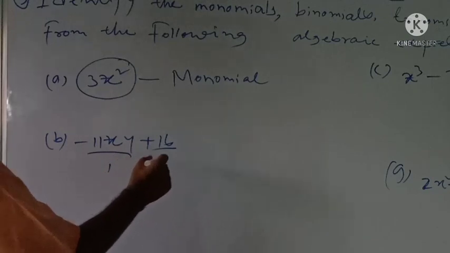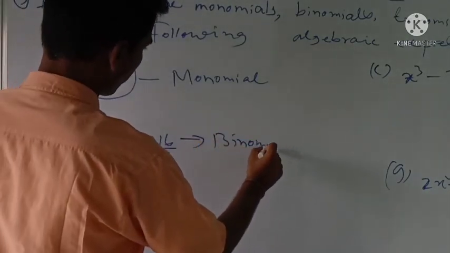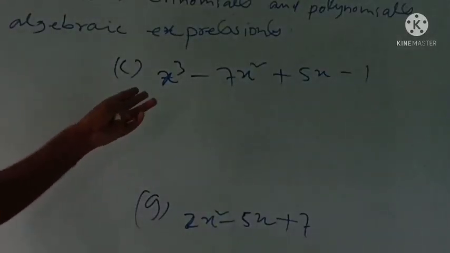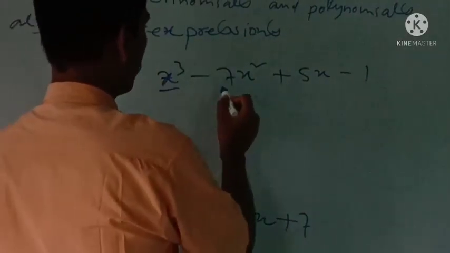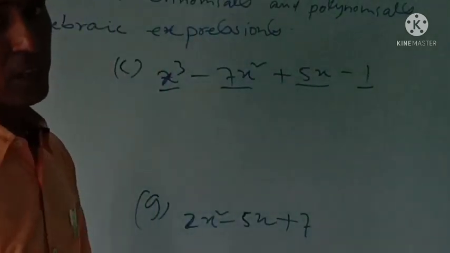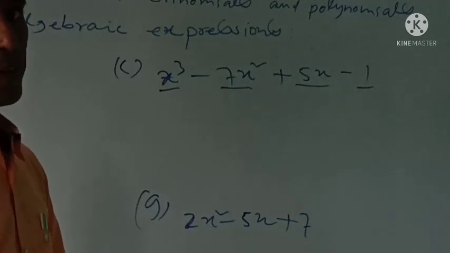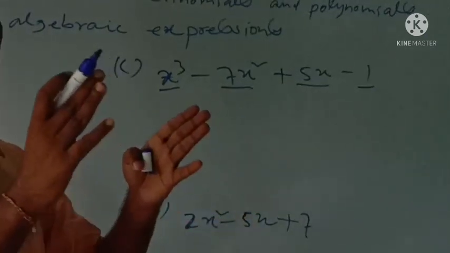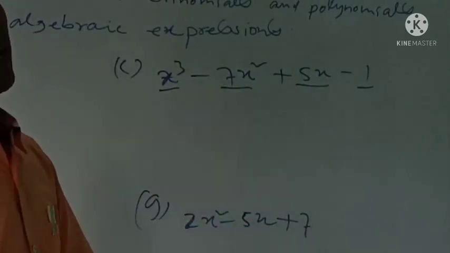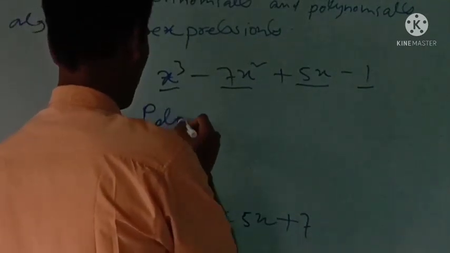Since it has 2 terms, it will be a binomial. Now question C. Here we have 1, 2, 3, 4 terms. Since it has 4 terms, it will be called a polynomial. If there are 4 or more terms, such an expression is called a polynomial.